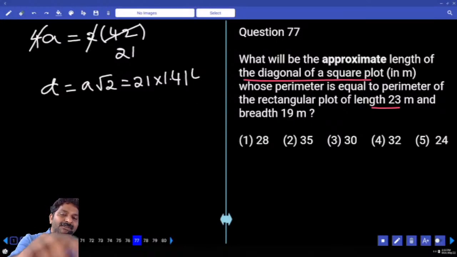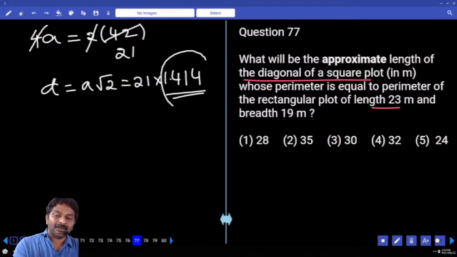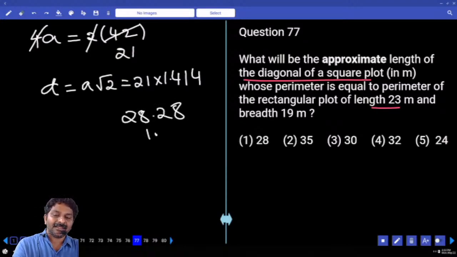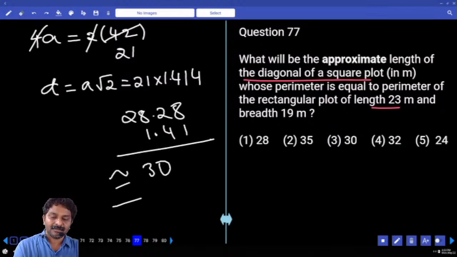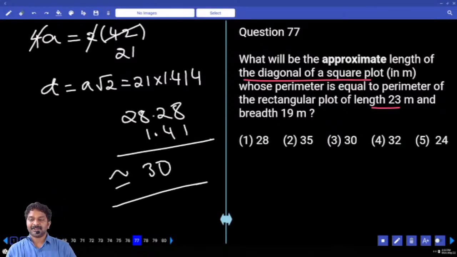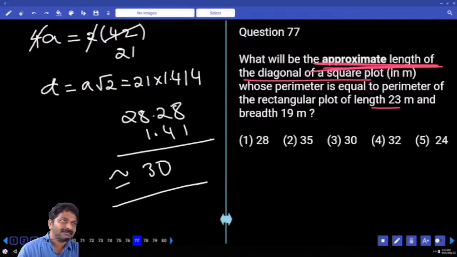What is 20 times of this number? 10 times 14.14. 20 times 28.28 plus one more time, right? That means 1.414 approximately. That's what the question is about. Approximate length of the diagonal.